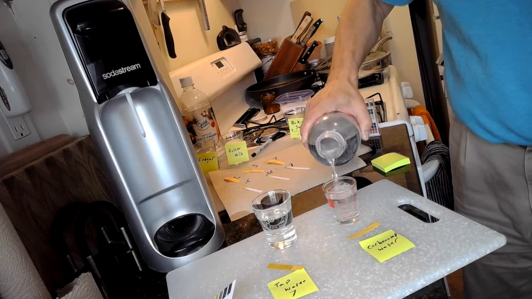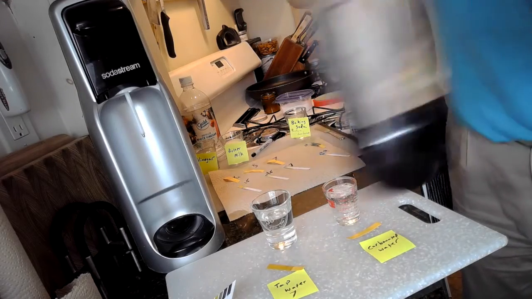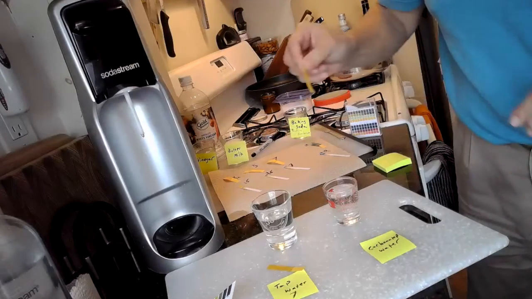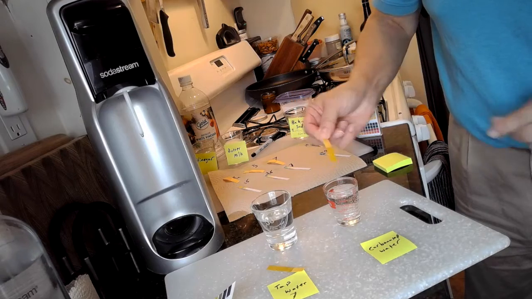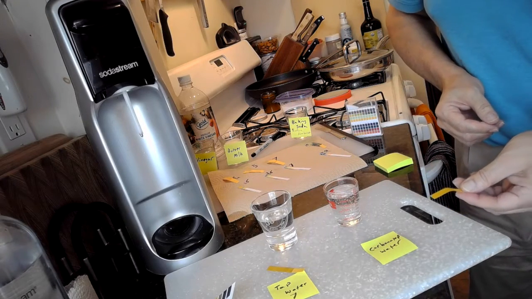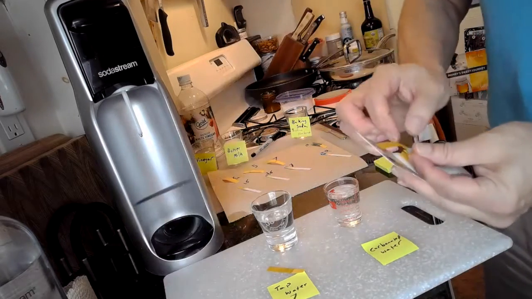I'm going to pour a sample of that, and it's nice and fizzy. I'll use the rest of that later for a little bit of a treat. And put my pH paper in. Now let's check the color again.